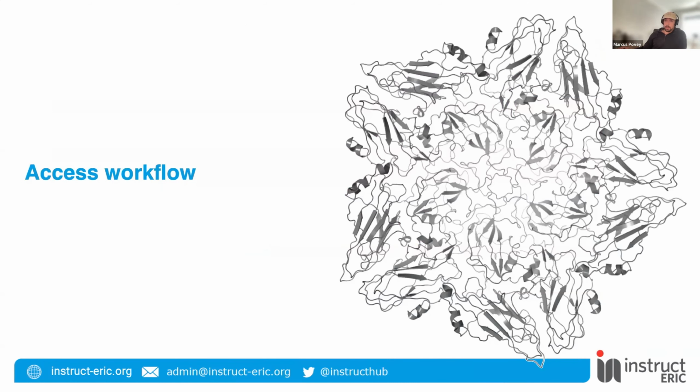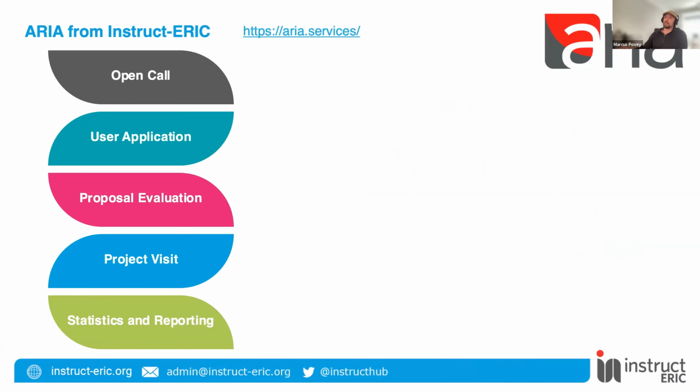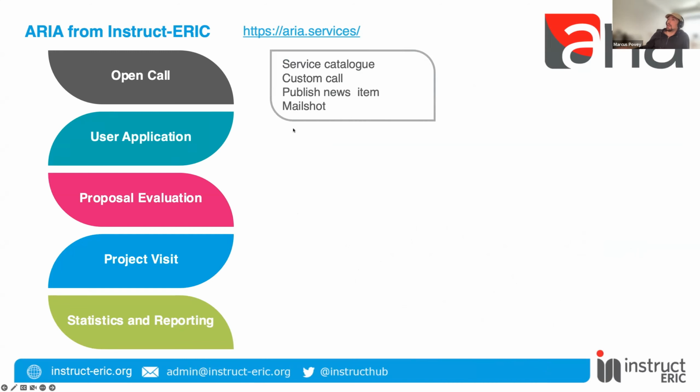So access workflow, you'll probably be familiar with, or hopefully some of you will be familiar with. But this is just the idea of how you would use ARIA to manage access. Again, this slide is probably quite familiar to you, but you would typically open a call, which is defining your service catalog.